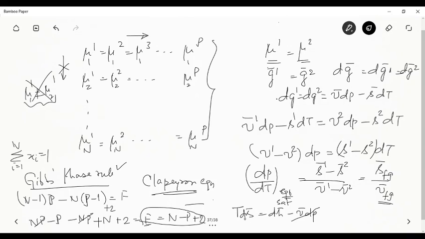So I get dS is equal to dH by T. So this I can write as hfg divided by Tsat. So this is what we call the Clapeyron equation for phase change. These are the things that we had deduced in the previous class.